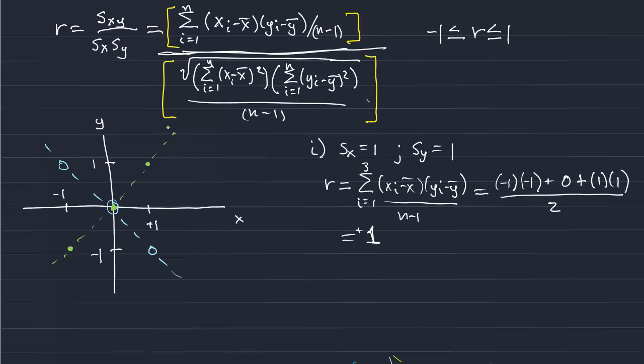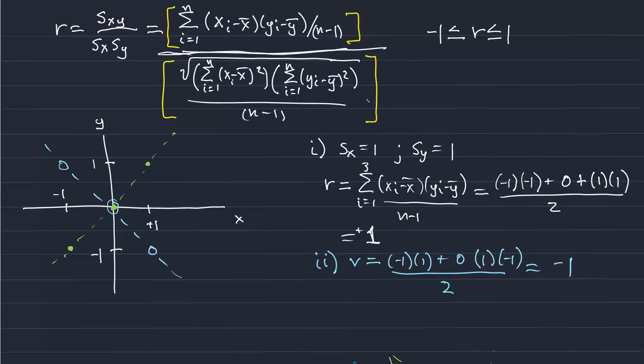In that case, r will be, starting from this point, a minus 1 for the variation of x from its mean and a plus 1 for the variation of y from its mean, plus a 0, and then a 1 and a minus 1, divided by 2. And in that case, r is equal to minus 1.